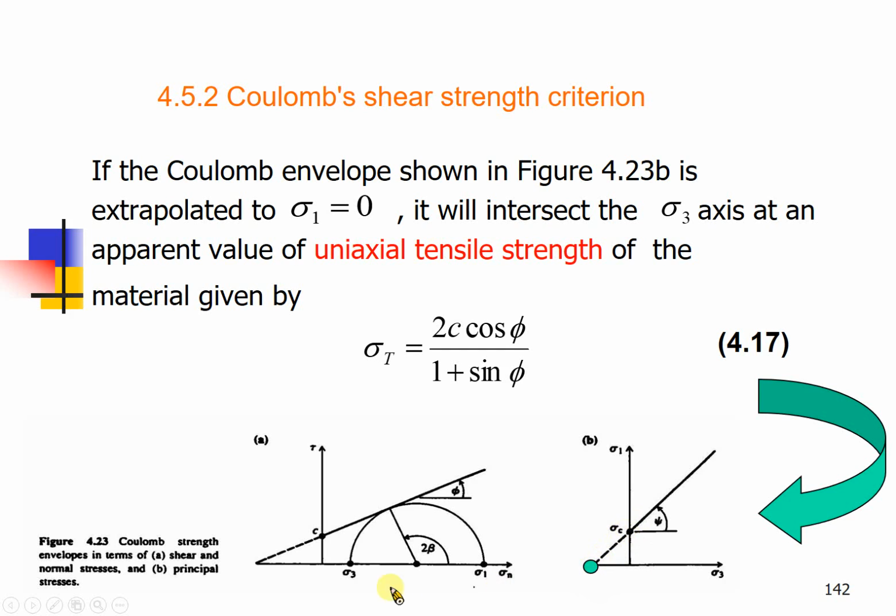What does this green point mean? This green point means, when sigma 1 equals 0, then you will have the negative value of sigma 3.